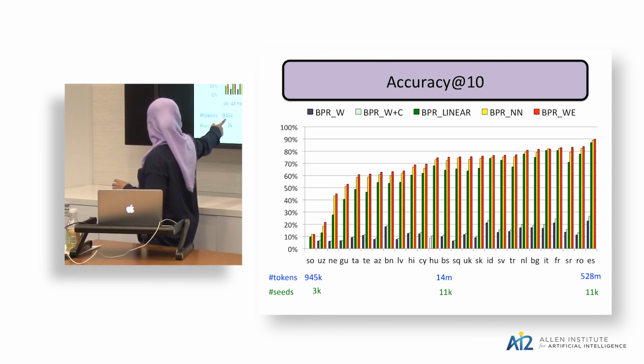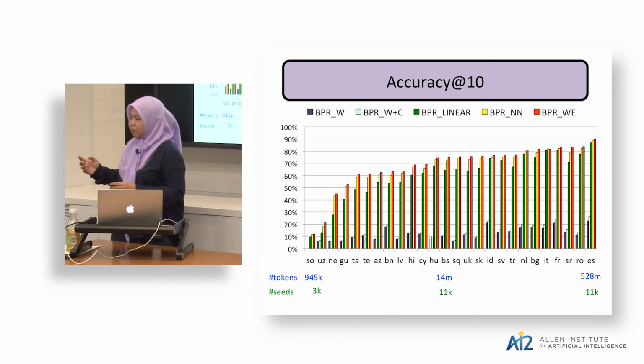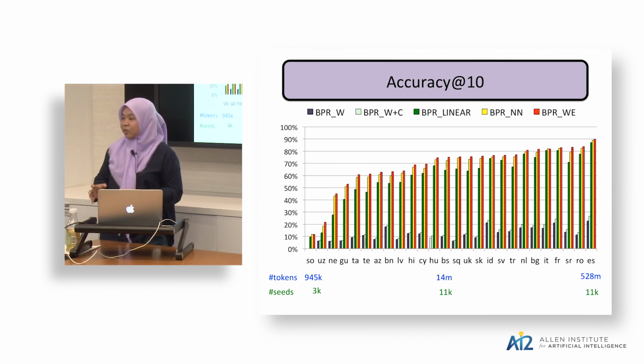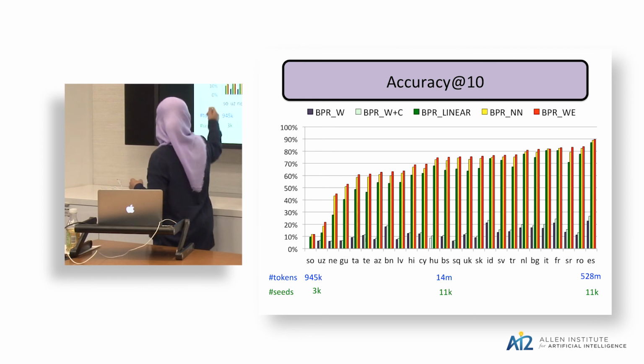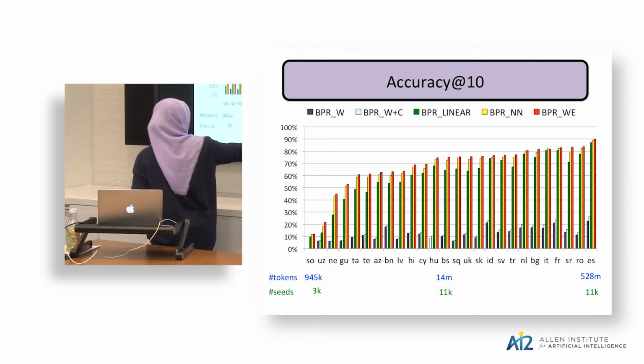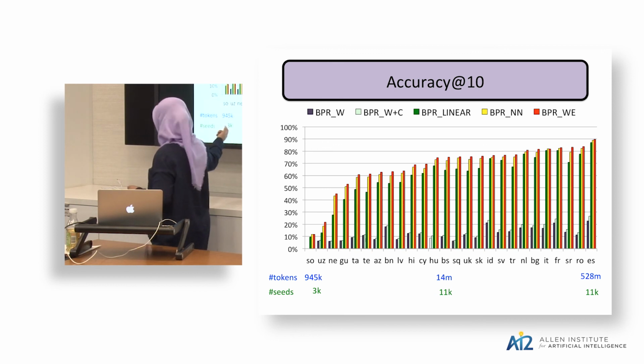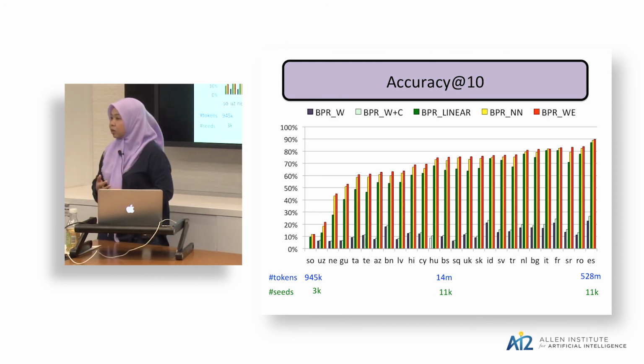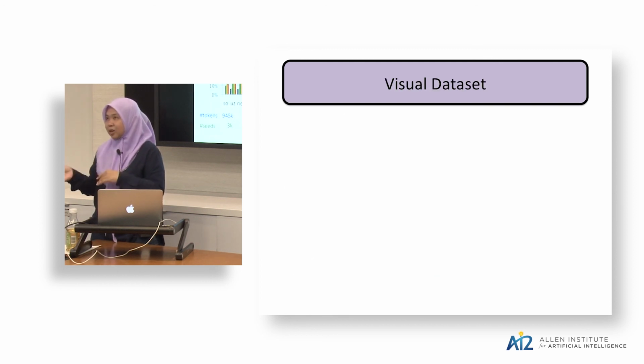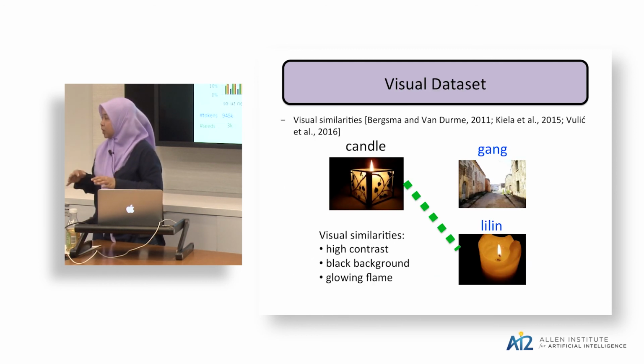So for Somali, the Wikipedia only has about 945K tokens to train the word embedding, so it doesn't give really good results. But the more we have, the better the performance will be. And also it depends on the size and the quality of the Mechanical Turk dictionaries that we use to train the mapping between the projected spaces.